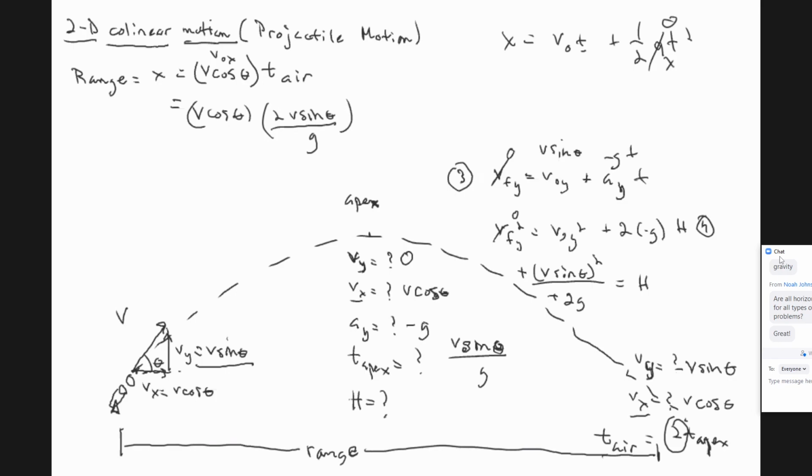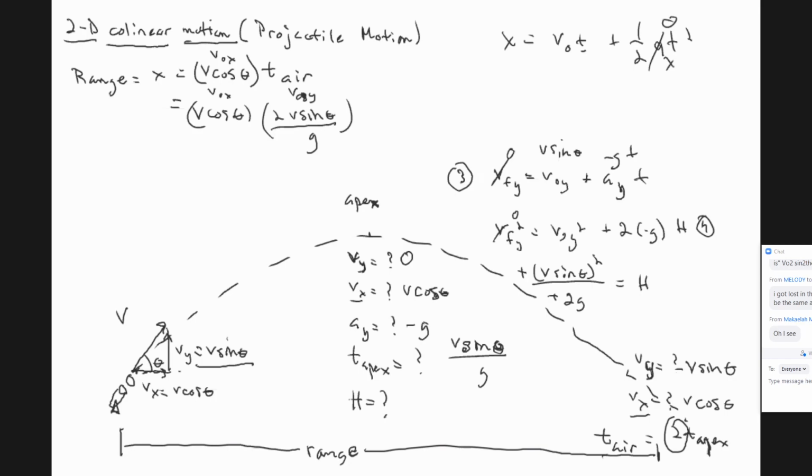The reason they love asking you range questions, if you haven't noticed, this is your v naught x and this is your v naught y. Your v initial y and v initial x. Yeah, you can simplify that, Michaela. I like this equation better because it works for any system.